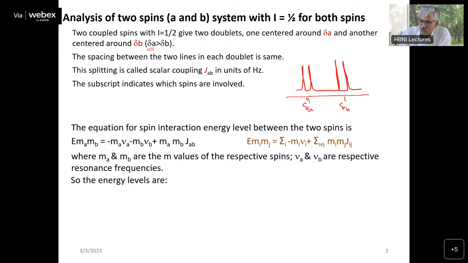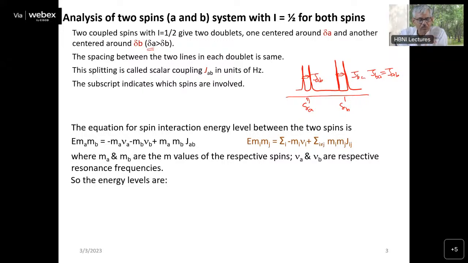You will see that this will be a doublet with JAB, and this will also be a doublet with JBA, and JBA is equal to JAB.